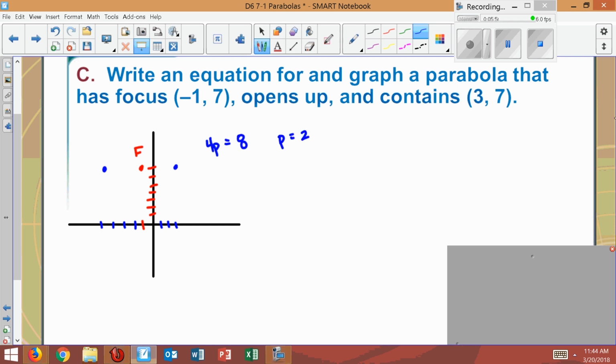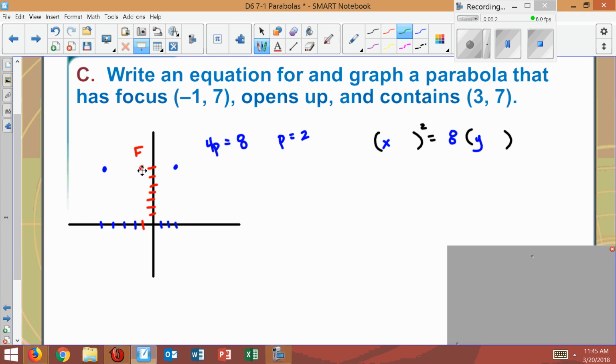As far as the equation goes, we now know what 4p is, so I can erase the 4p here and say that 4p is equal to 8. And since we know it's opening up, we could put a y there and an x there. Now, if 4p is 8 and p is 2, we could put on the vertex.